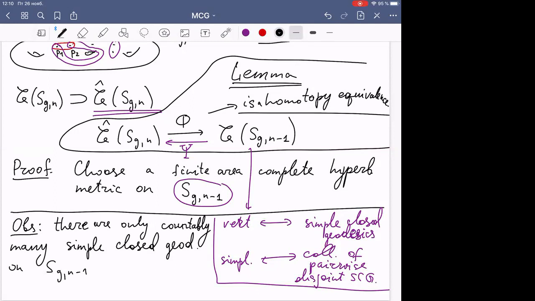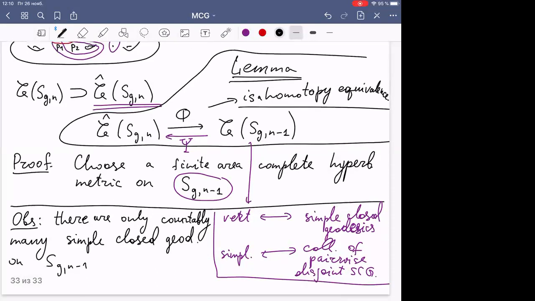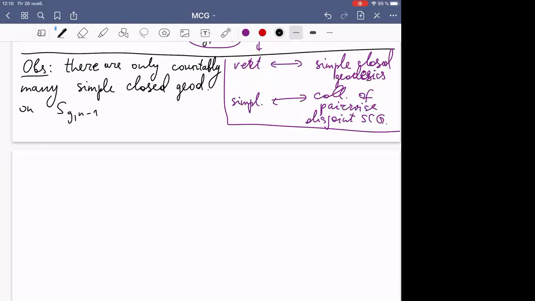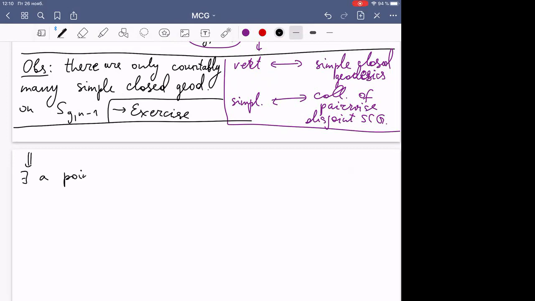I would like to leave it as an exercise for you. There are many different ways to prove this. So this is a good exercise. And now, of course, countably many smooth curves cannot, their union cannot be the whole surface. So hence, there exists a point Q in this surface that does not belong to any closed geodesic.